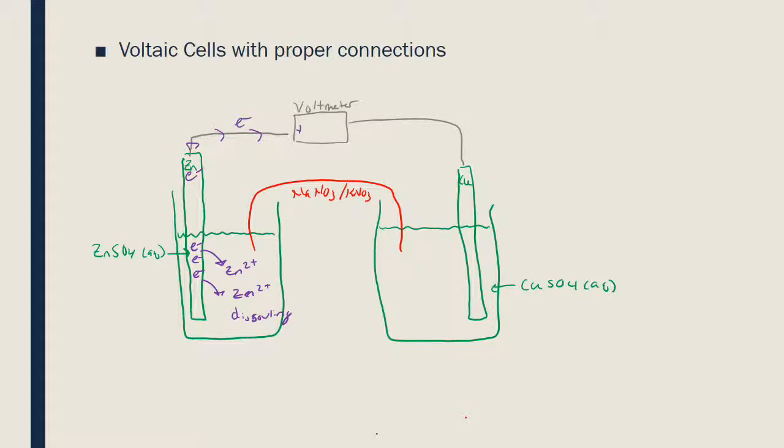Our voltmeter is going to read a voltage from that electron movement. And that voltage number, which we'll discuss in a different video, is based on how willing zinc is to lose electrons and how willing copper is to accept them. So now these electrons are moving to the copper metal. That causes the copper metal to become negative. So that is allowing our copper that is in solution to precipitate onto the metal as a solid.